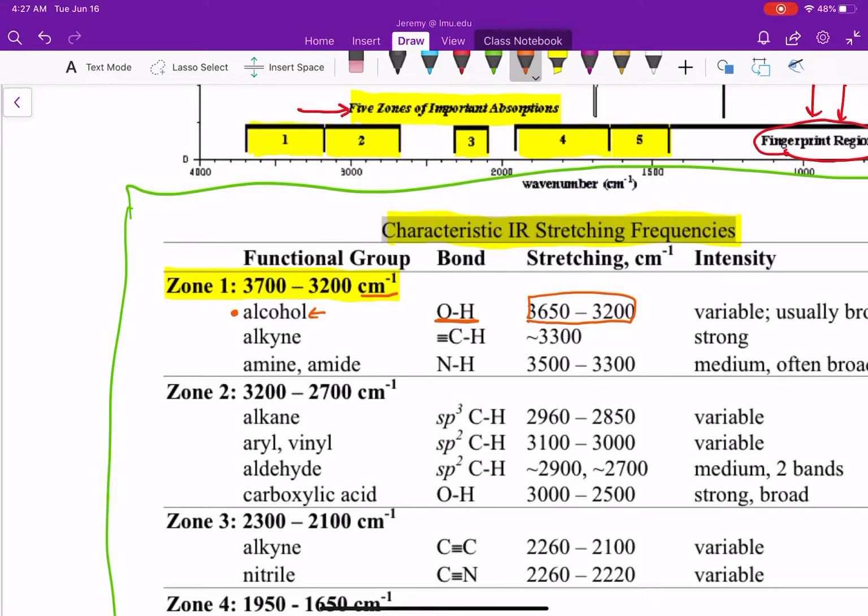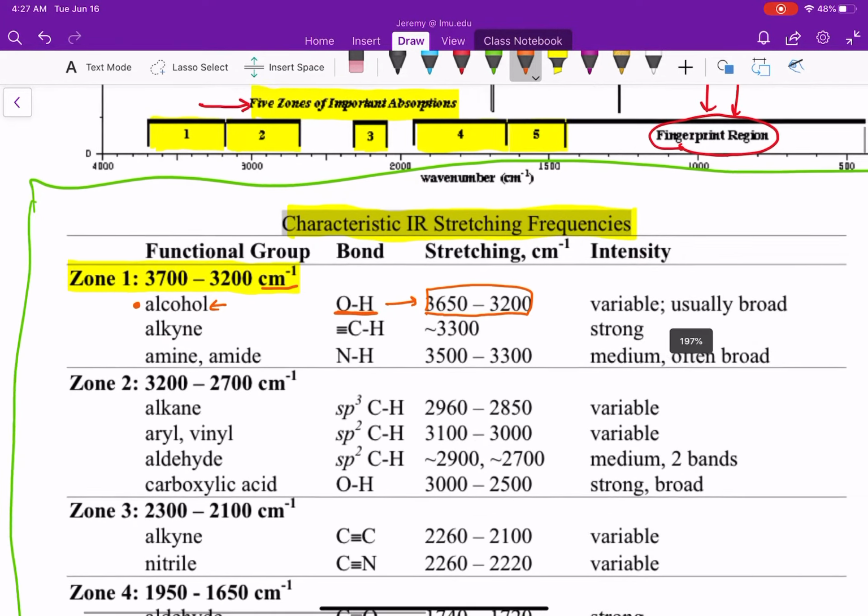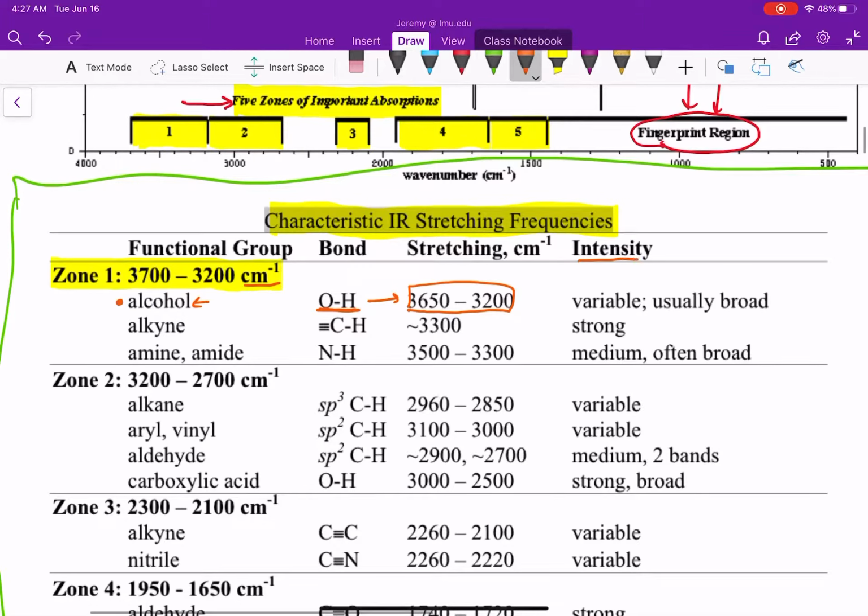Then we can talk a little bit about the intensity. This absorbance is usually going to be broad. It's not generally a sharp peak, and it's usually pretty strong. It says variable here, but generally those are pretty obvious and pretty strong. So that's the first bond we need to look at.